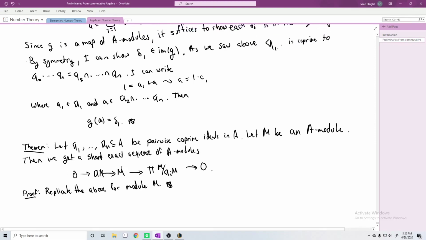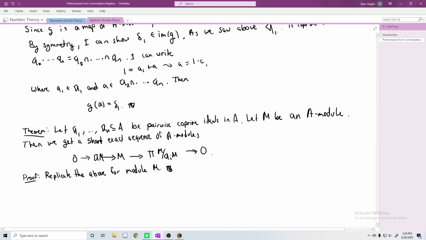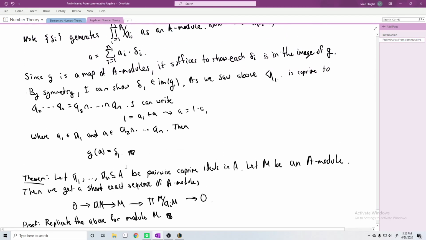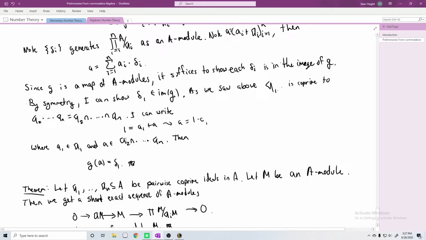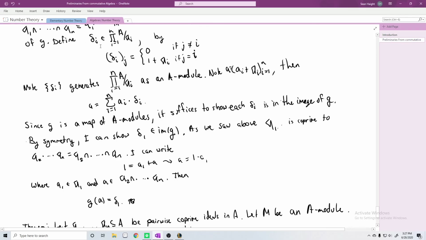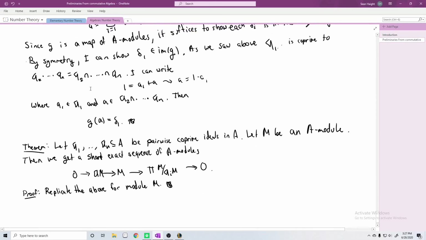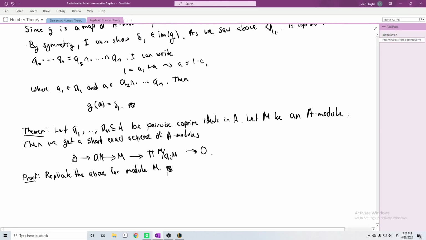I was worried for a second because M doesn't have a unit in it, but you're not going to need it. You should be able to pretty much port this proof to the case of modules without too much trouble just by carefully working through it.